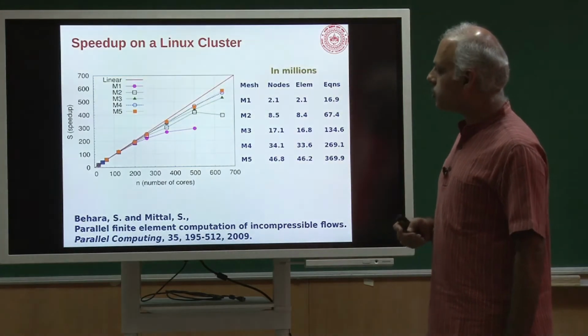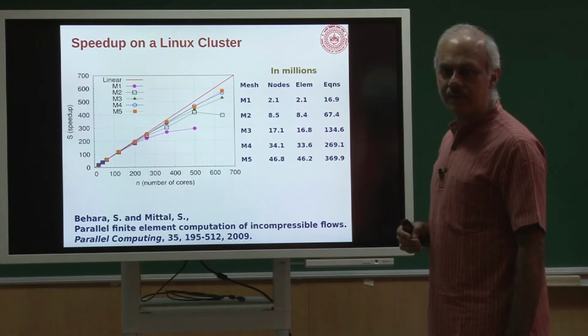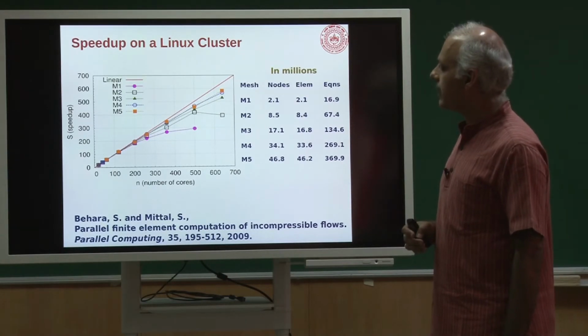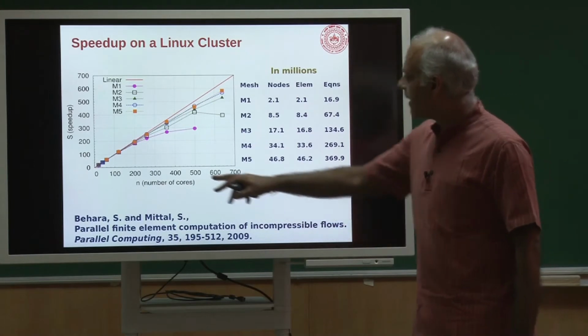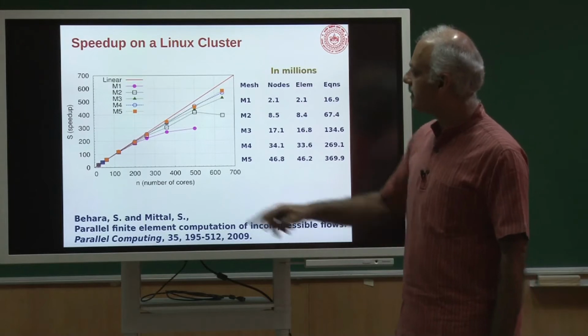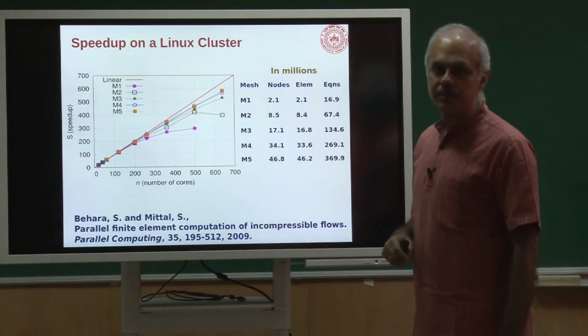So, I wanted to show you what happens when you try to use a big cluster as far as the efficiency is concerned. On the x axis is the number of processors or the number of cores that we are using, and the y axis is the speed up.